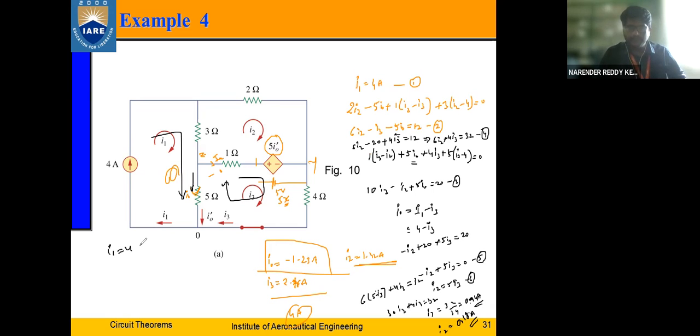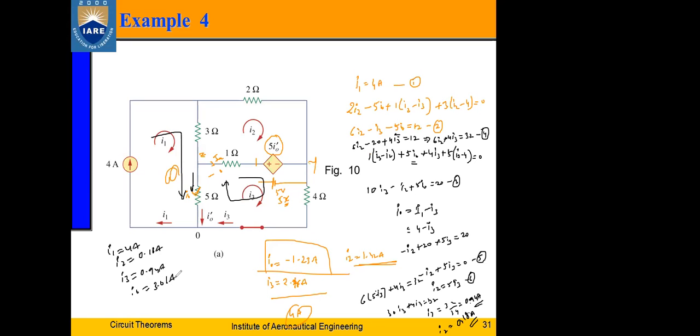I1 is equal to 4 amps. What's the value of I2? 0.18 amperes, right? Because we will be needing these values later on. I3 is equal to 0.94 amperes. And what's the value of I0? I0 is not required, but we generally write it as 3.06. Okay, fine.